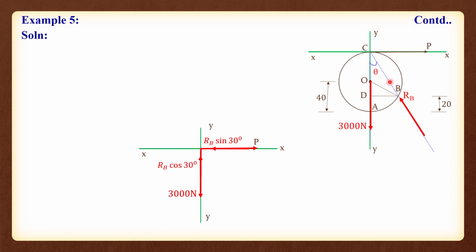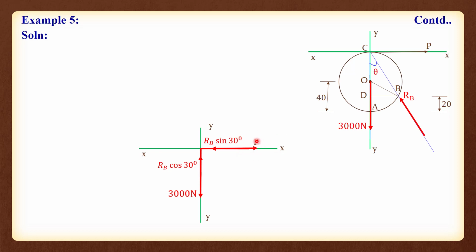Then RB, we can resolve that into two components. Since RB is lying in the fourth quadrant, the horizontal component will be acting along the positive x-axis and the vertical component will be acting along the negative y-axis. So the vertical component will be RB cos 30 acting upwards, and the horizontal component will be RB sin 30 acting towards left. And the applied force, that is also marked here.